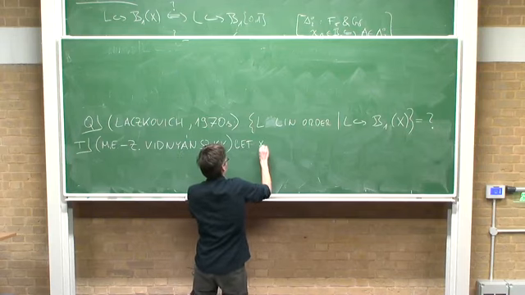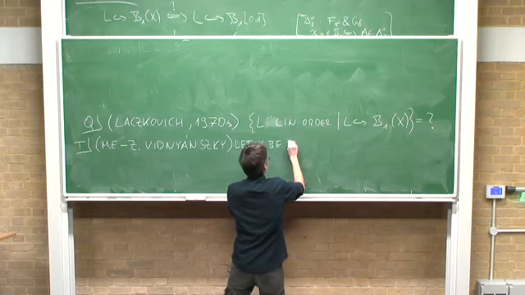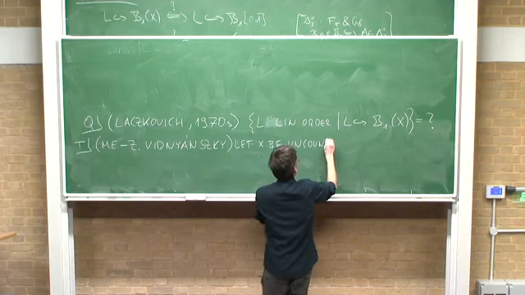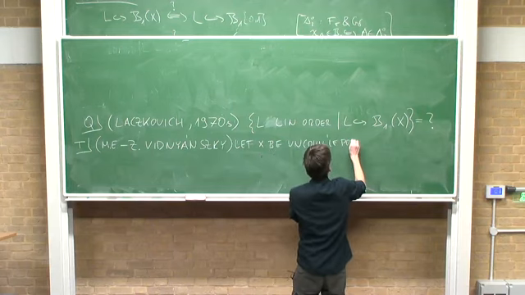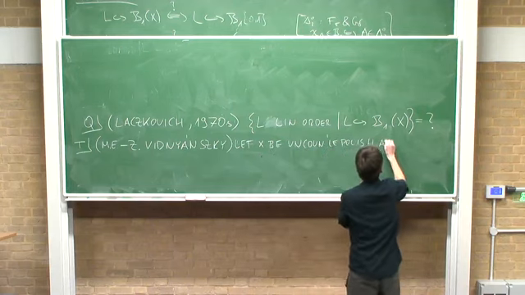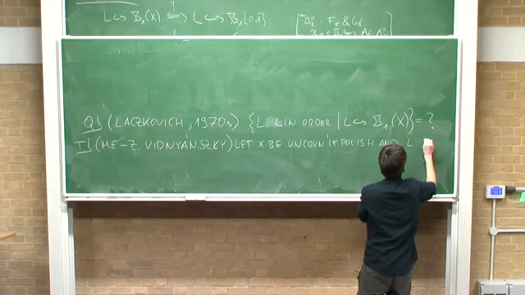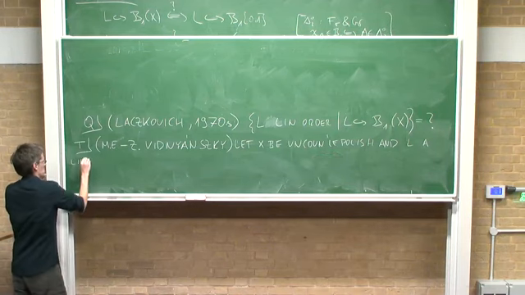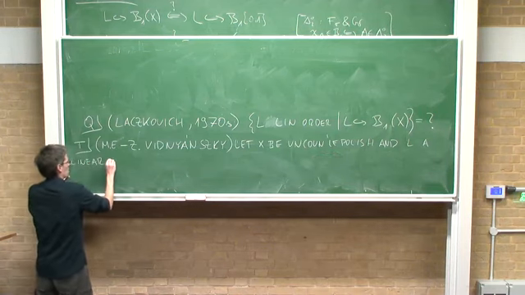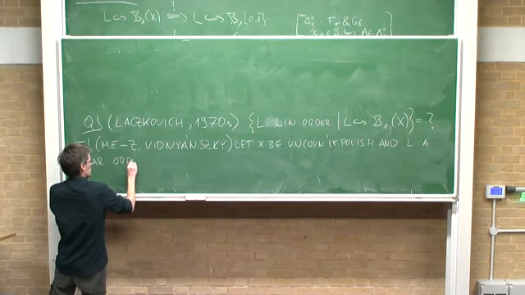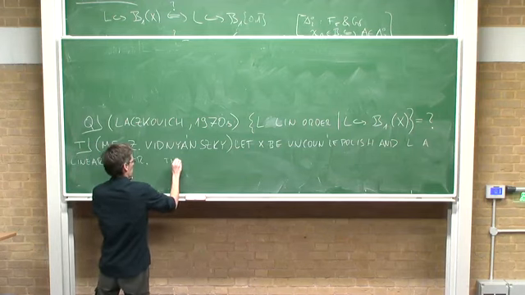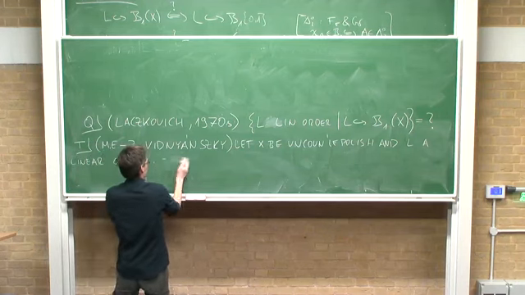Let X be an uncountable Polish space and L a linear order. Then the following are equivalent.